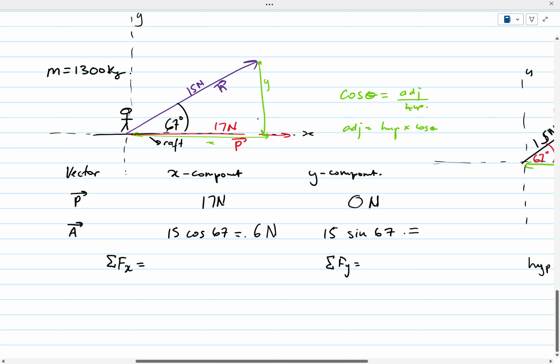And then 15 sine 67 would be roughly 14 newtons. We add 17 and 6 is 23 newtons. 14 and naught is 14 newtons.